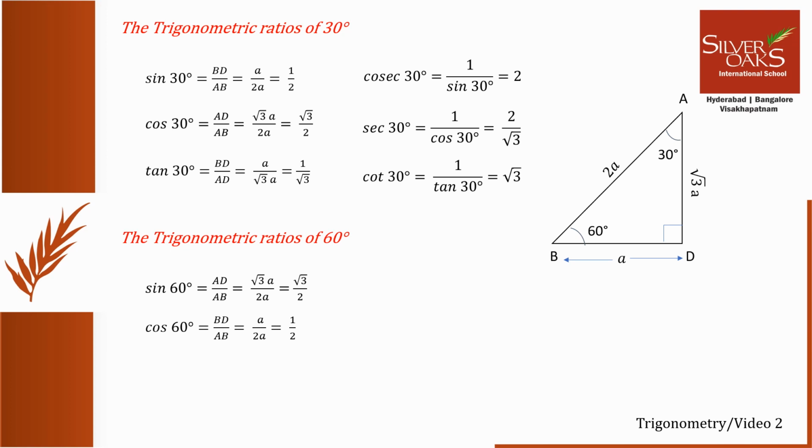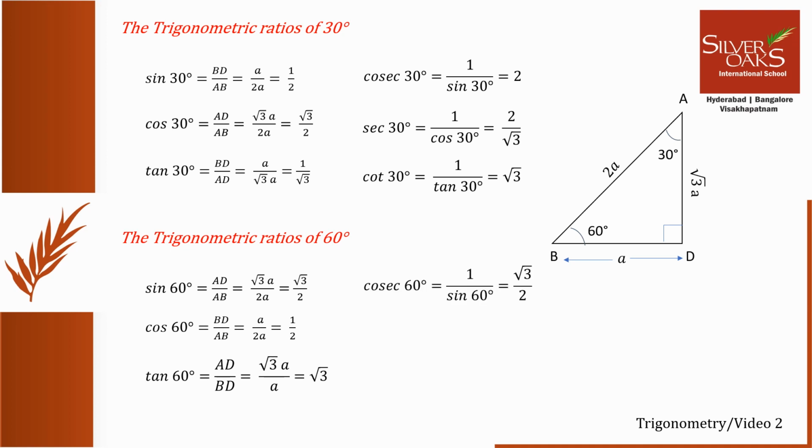So BD is A and AB is 2A, which is equal to 1 by 2. Tan 60 degrees is equal to opposite, which is AD, and adjacent is BD, root 3A by A, which is equal to root 3.